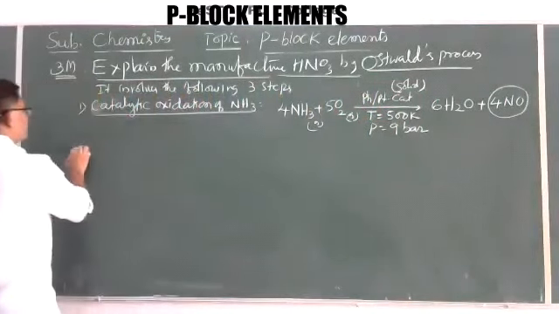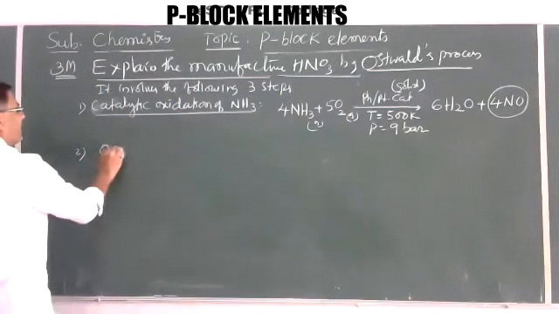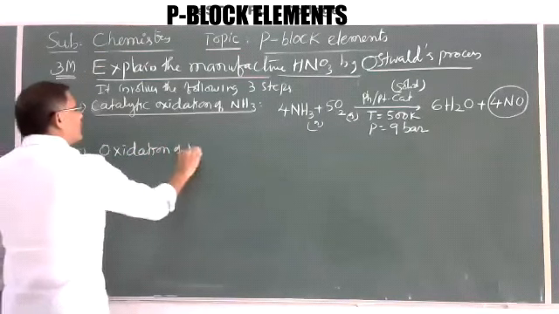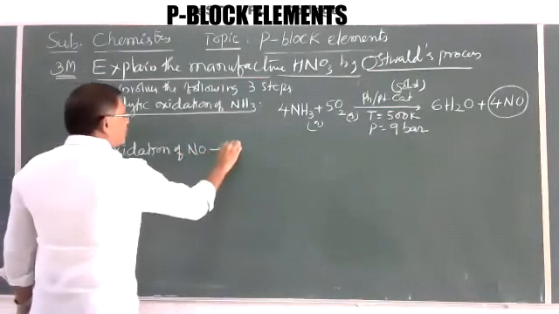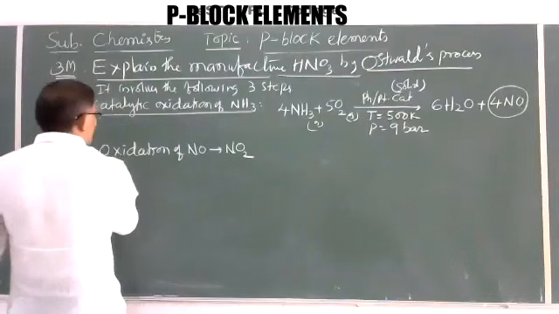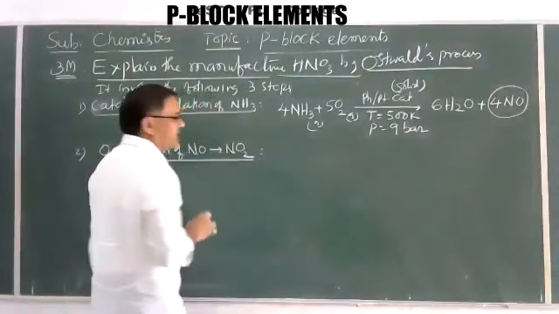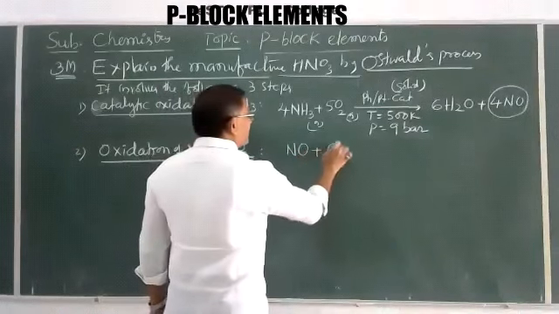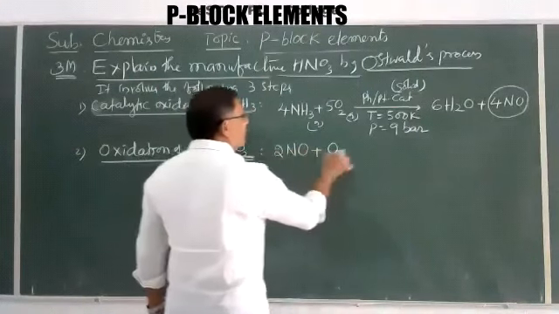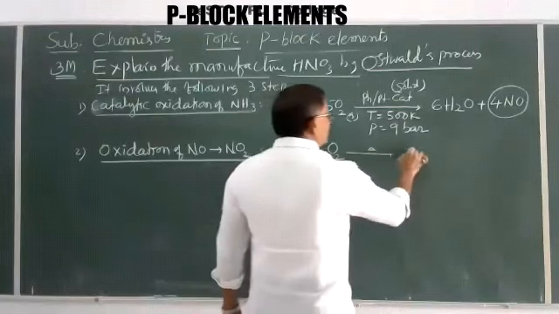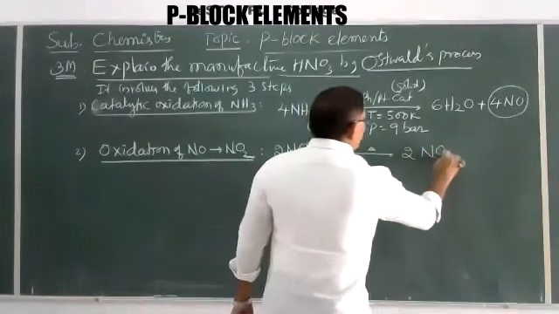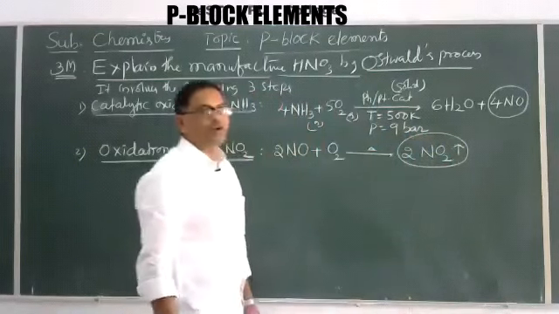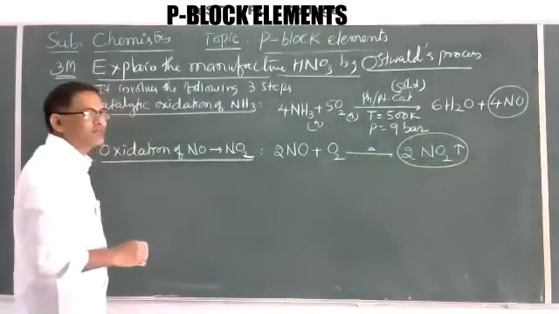In the second step, again oxidation of NO to NO2, nitric oxide to nitrogen dioxide. The obtained nitric oxide is reacted with an excess amount of oxygen. On heating, we get 2NO2, a reddish brown colored nitrogen dioxide.